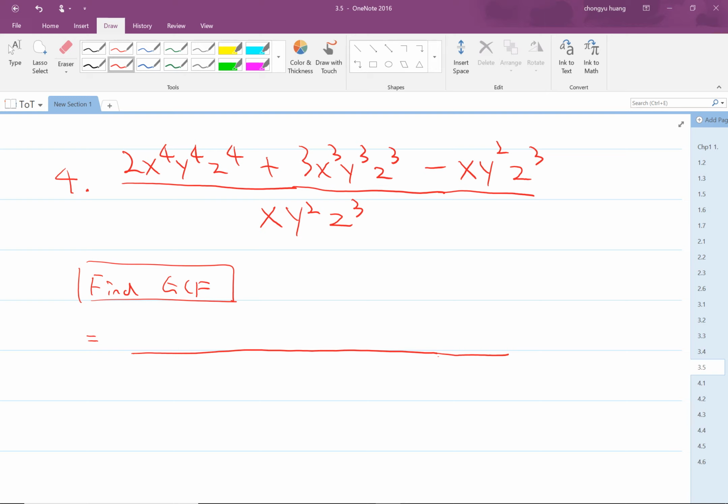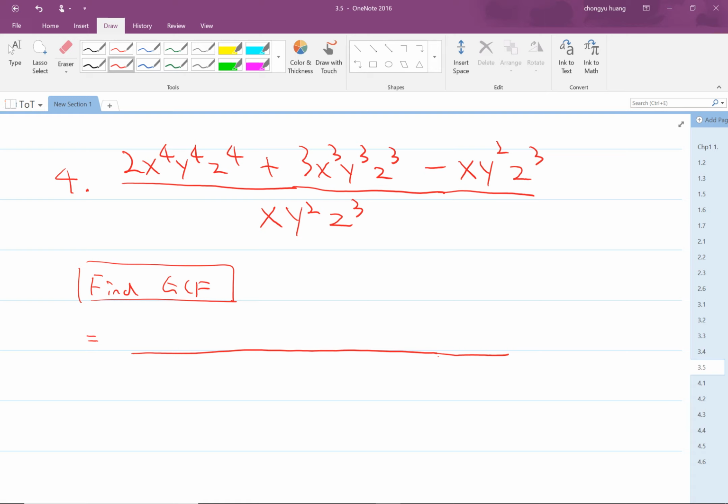For the numbers we have 2, 3, and -1, so there's no common factor for the numbers except 1. So 2 equals 2 multiplied by 1, 3 equals 3 multiplied by 1, and -1 equals -1 multiplied by 1.